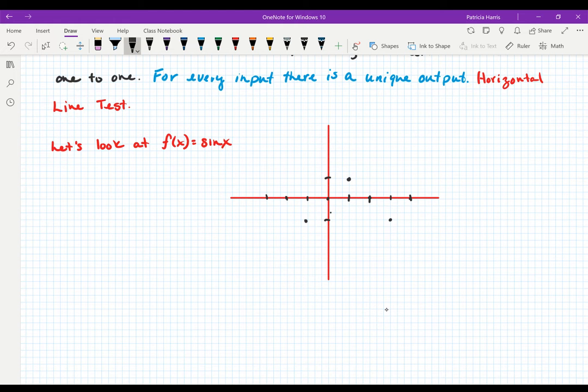And again, this is a really quick graph, but that's the graph of sine. We can see that it fails the horizontal line test because it's periodic.